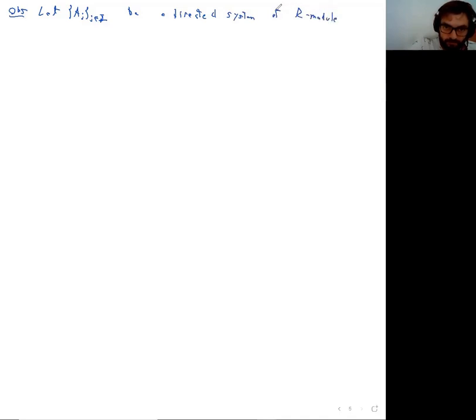Okay. So just an observation. If I have a directed system, let (A_i) be a directed system of R modules, and we take T to be this direct sum, so you kind of forget all the old arrows that are here in the directed system.